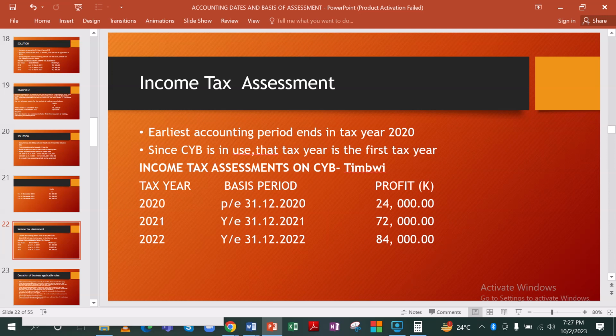Those are the most important things that I want you to take home from this presentation. I think we are going to end here unless you have other questions. When we next meet, we are going to look at the rules which deal with cessation of business. How do you deal with the cessation of business for tax purposes?